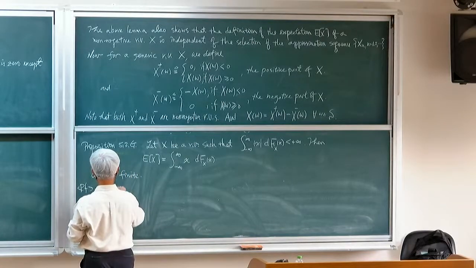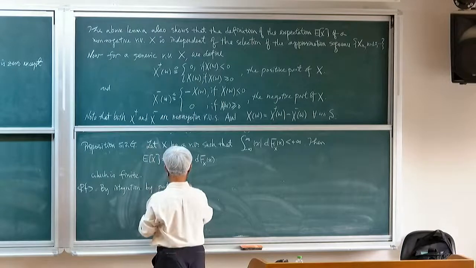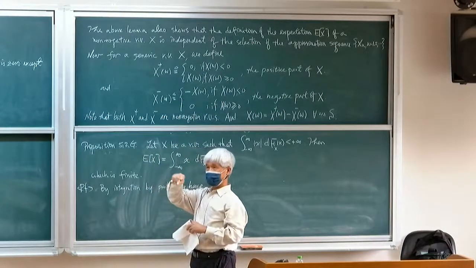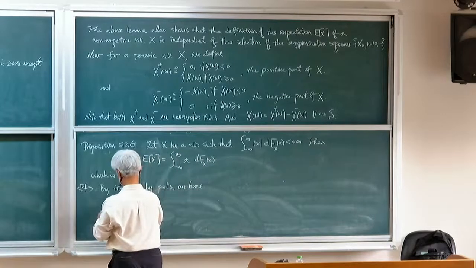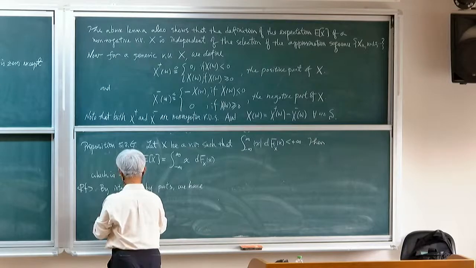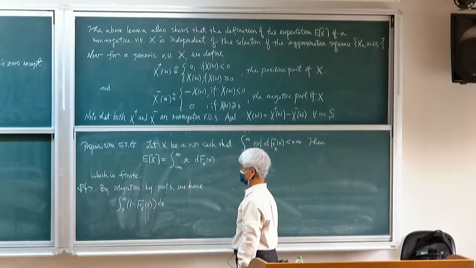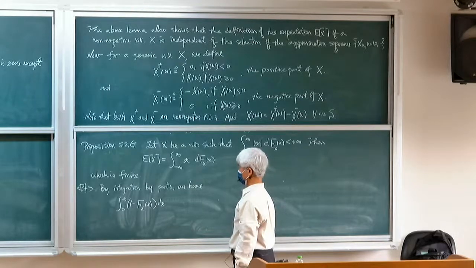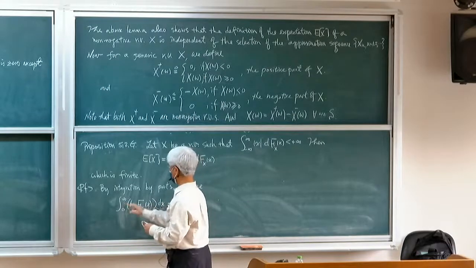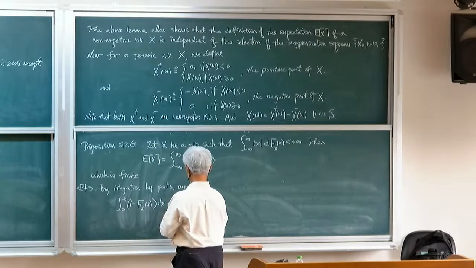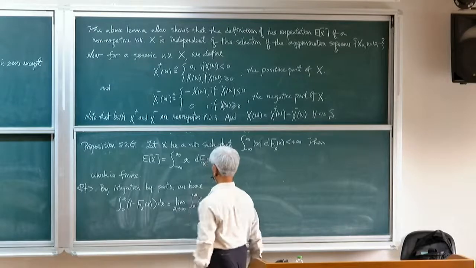First of all, by integration by parts, you can go back to look at the lecture notes I distributed to you on the Riemann-Stieltjes integral. The integral of 1 minus F of x dx, because this is an improper integral, goes up to a, and we take the limit as a goes to infinity.